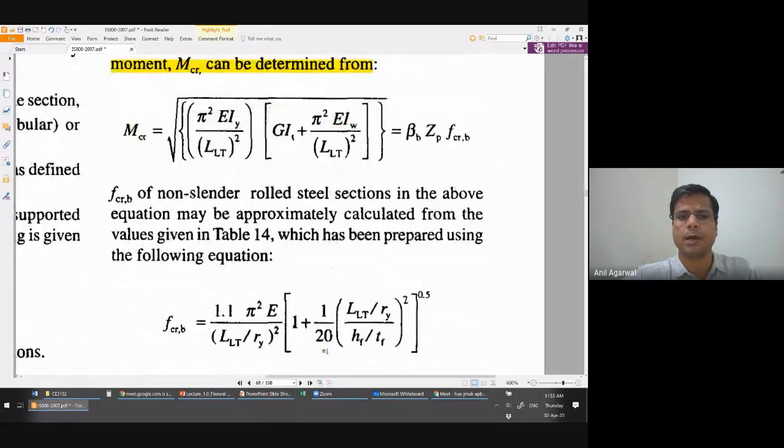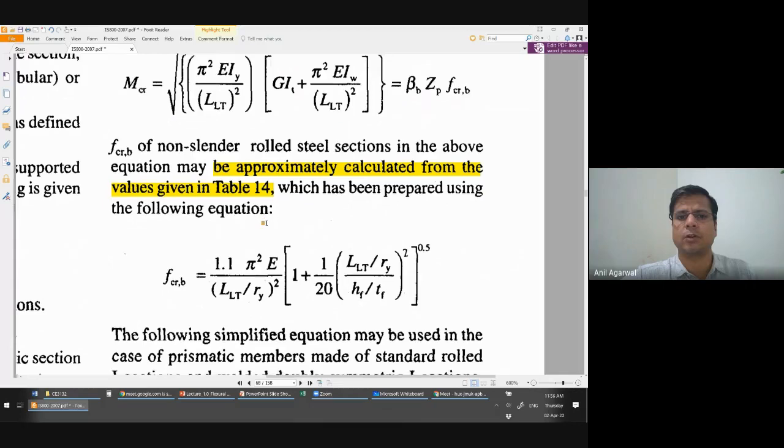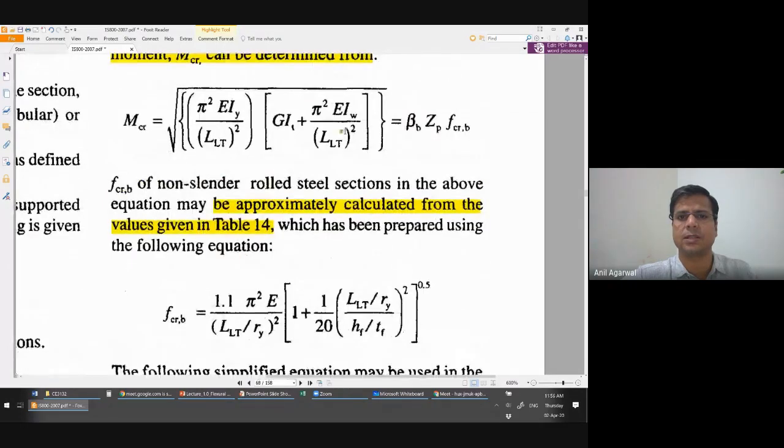Okay. Now, further in this same code, it says that it can be approximately calculated from the values given in table 14, which have been prepared using the following equation. Right now, in this expression, you are required to calculate the IW value and IT value, which might be involved. IT is still easy.